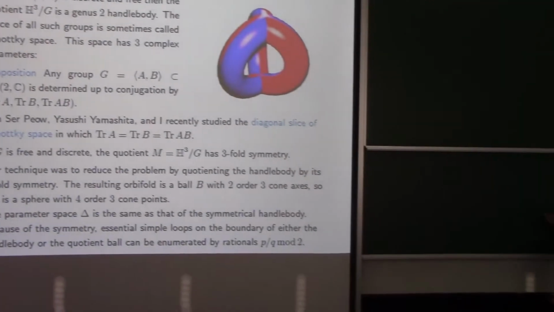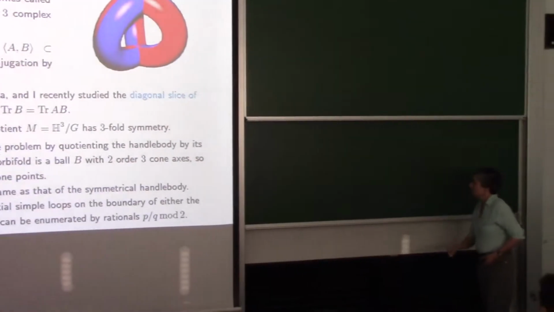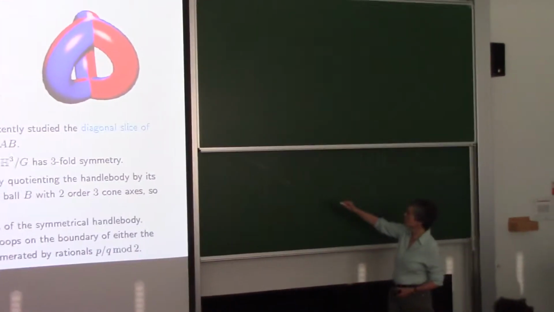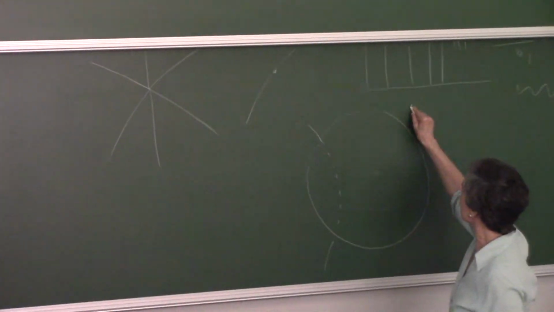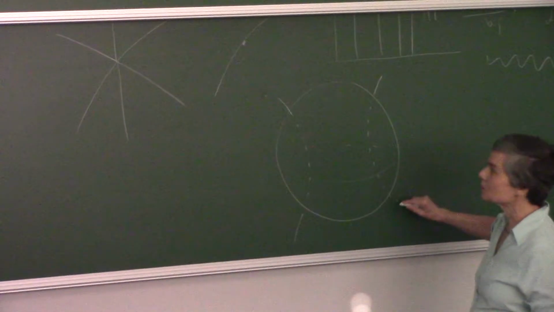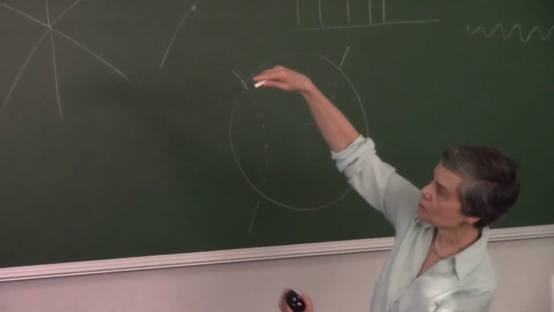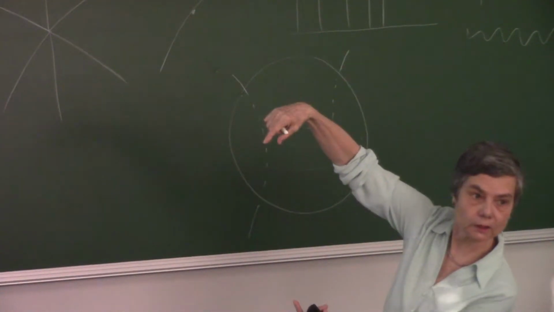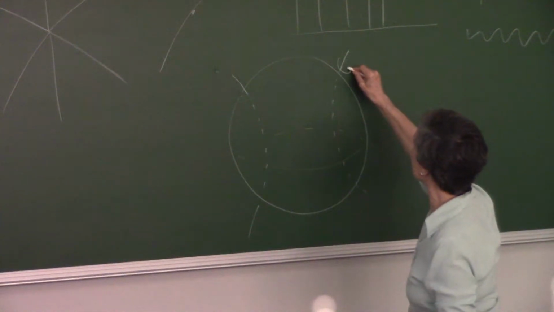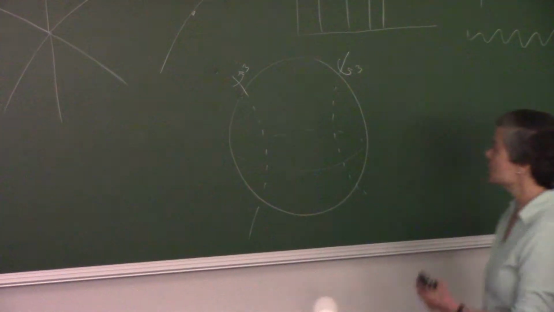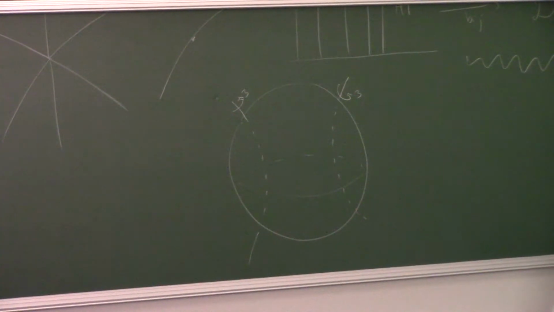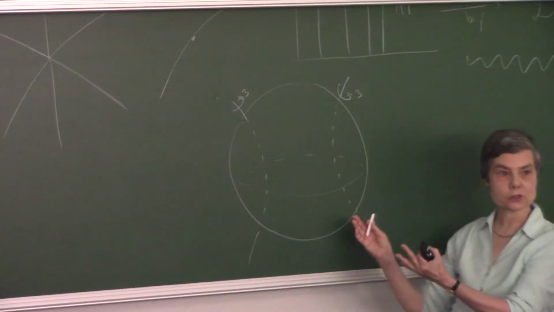So this is meant to be a free ball, and then you have two cone axes through here, which is where, when you quotient, you get at the top and at the bottom two order 3 cone points. So we have a threefold cone axis here and a threefold cone axis here. So really, the boundary of this is a sphere with 4 punctures.